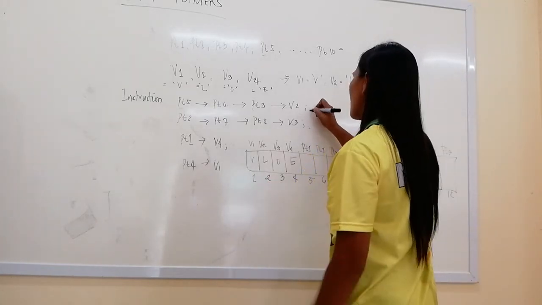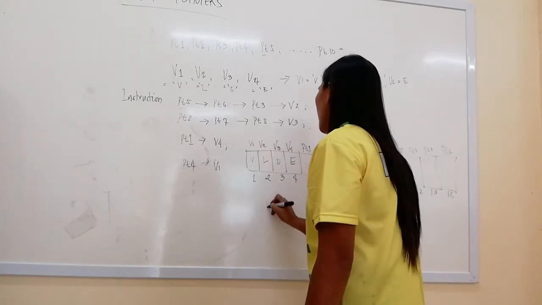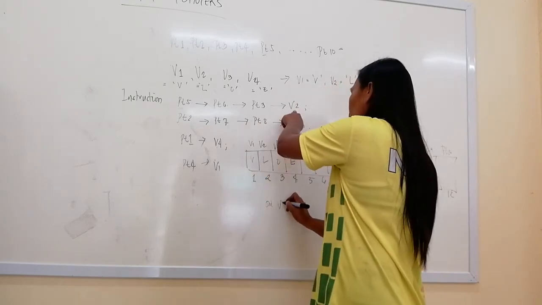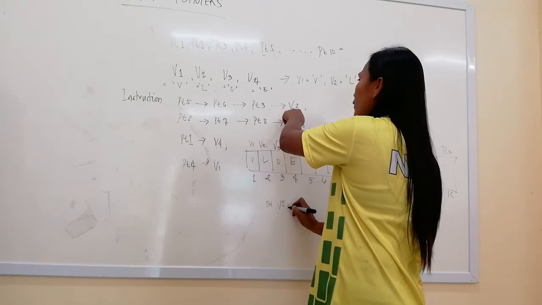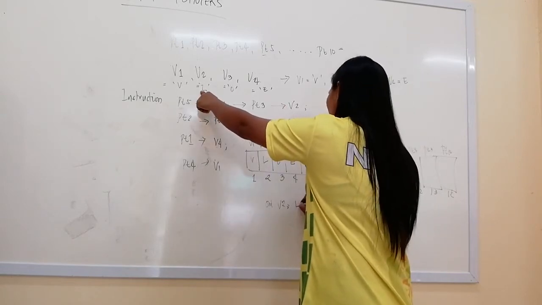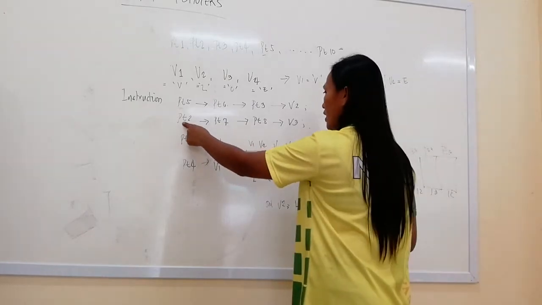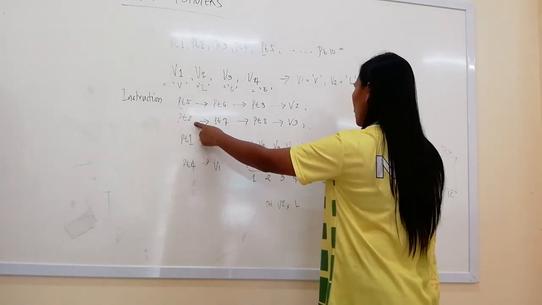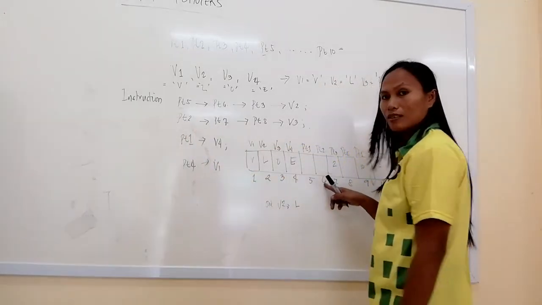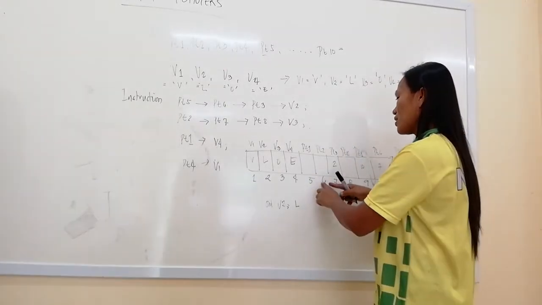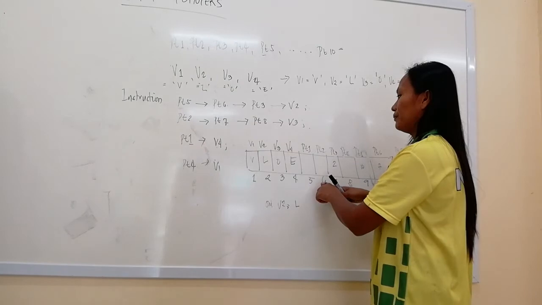What is the value for variable 2? The value for variable 2 is L. Okay, next we have PT2. Pointer 2 is located in memory address 6. So 6 is here.